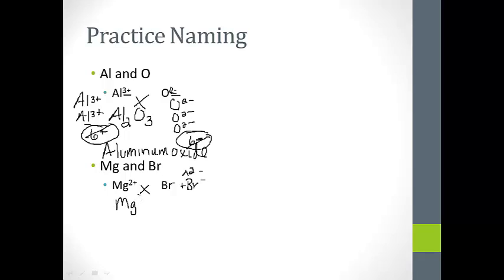You don't have to write the 1, but the superscript over here is going to become the subscript, so it's going to be MgBr2. Or in other words, you need 2 bromides that each only have a 1 minus charge to cancel out the 2 plus charge of the magnesium. And the name of this one would be magnesium bromide. Okay? Alright, now let's pick these over here.